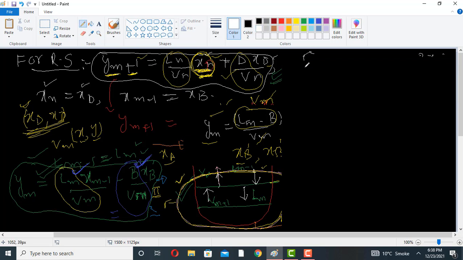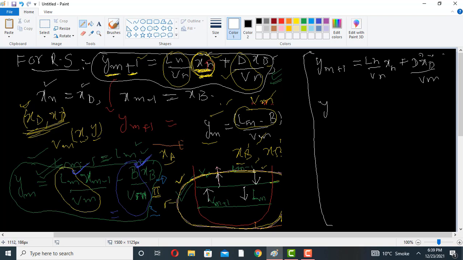Again, these two equations are very important. One is the rectifying line, one is the stripping line. For the rectifying line, Yn plus 1 is equal to Ln divided by Vn times Xn plus D times xd divided by Vn.